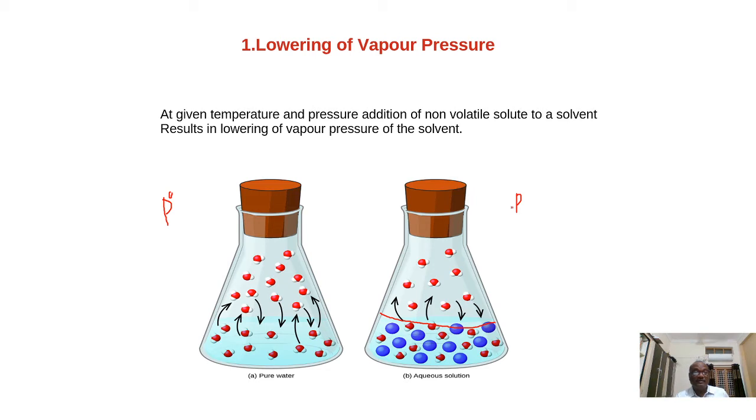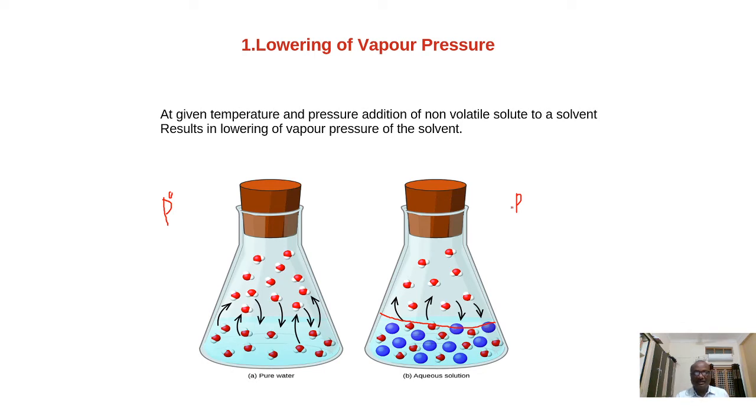Why does the rate of evaporation decrease? Because the surface of the solution contains solvent and non-volatile solute particles, so only solvent molecules will undergo vaporization. Compared to the pure solvent, the number of solvent molecules present per unit surface area will be less in the case of the solution. That's why the rate of evaporation decreases, so the vapor pressure decreases.